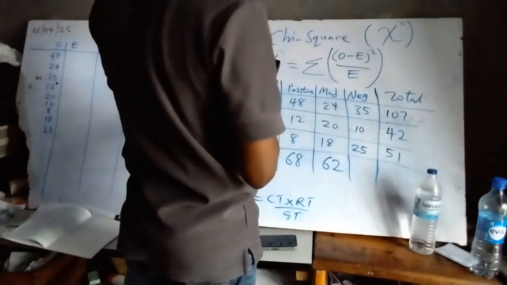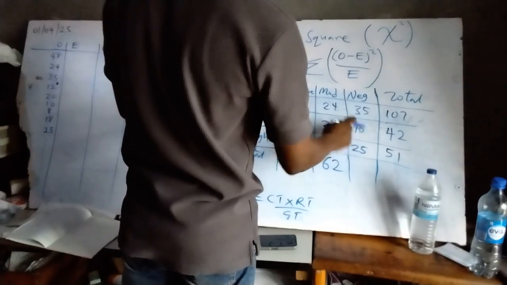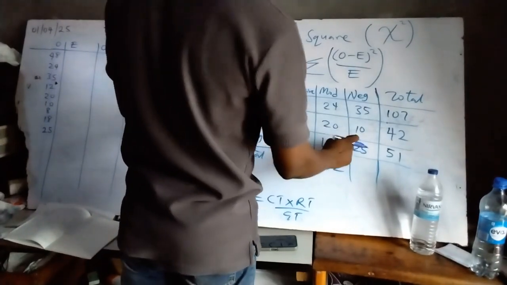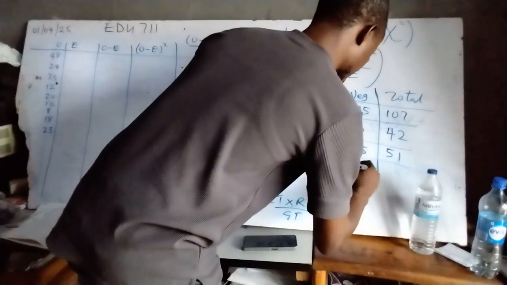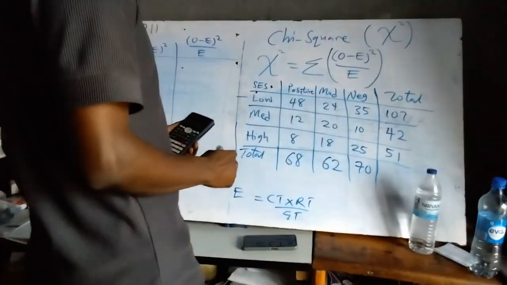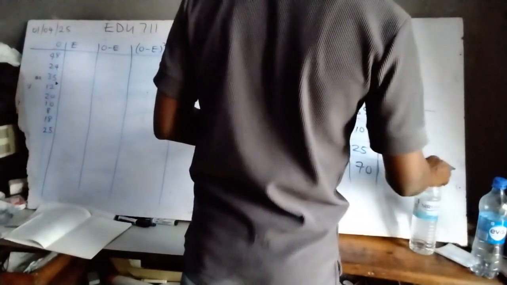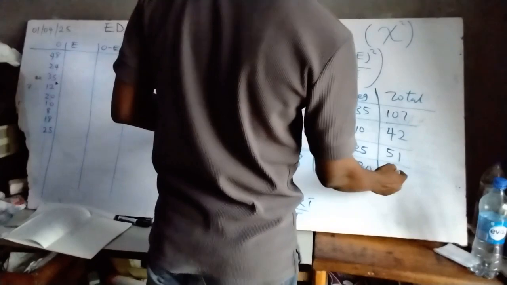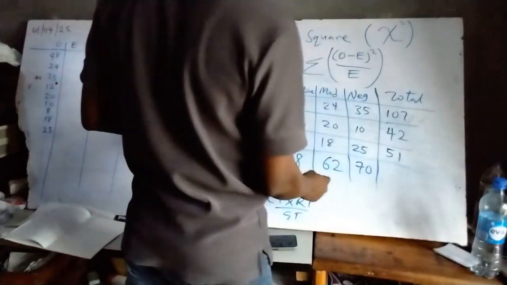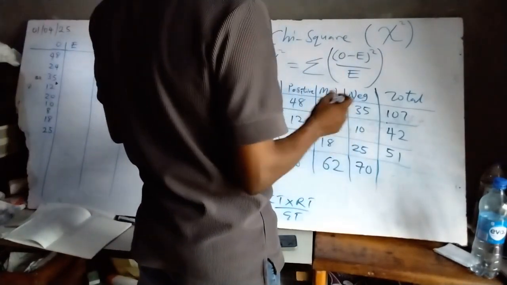Then 35 plus 10 plus 25, that is 70. Then the grand total will be total of this. So by the time you total this, what you get here should also be the total for this. So it's the same grand total.